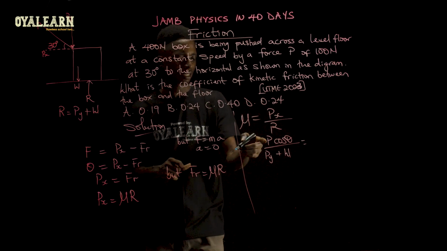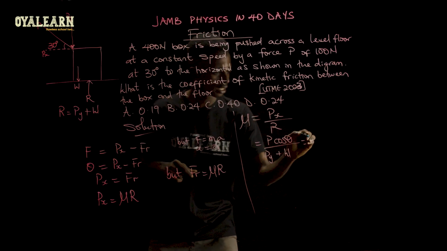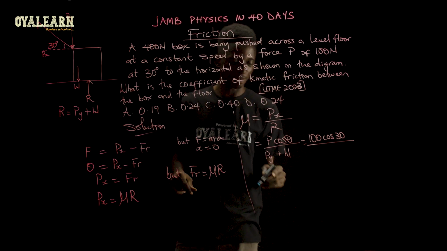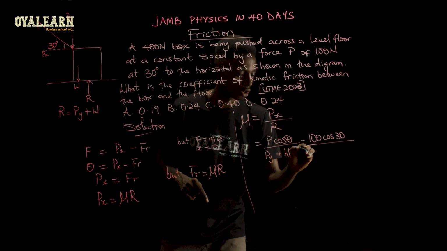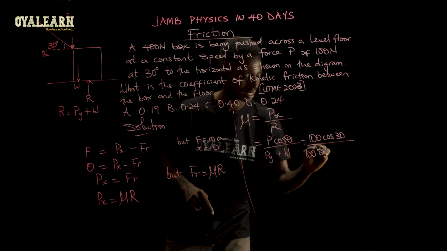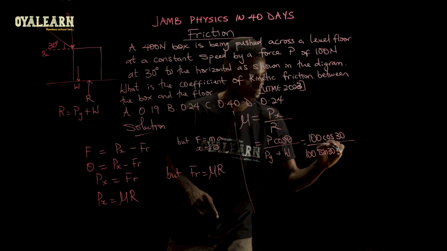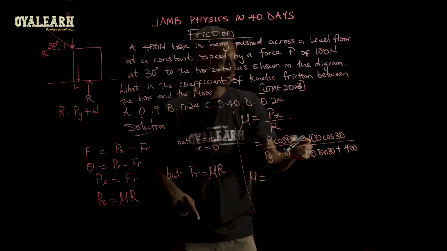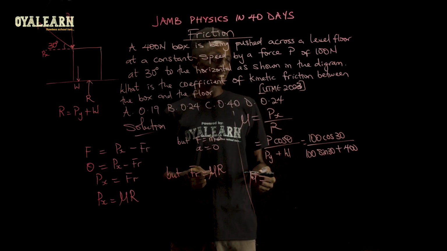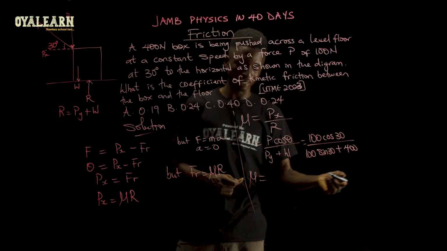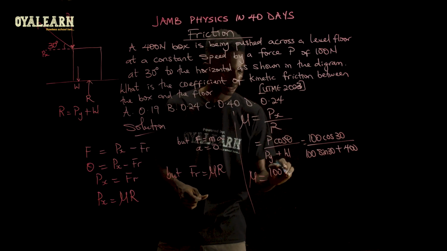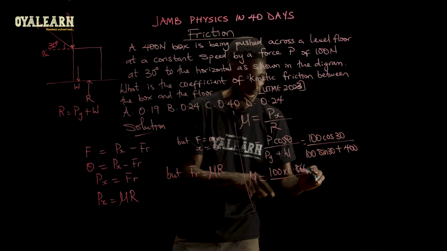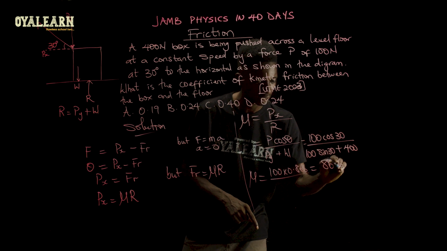Now let's solve this. P is 100, so we have 100 cos 30 divided by P of y. P of y will be 100 sine 30 plus W, which is 400. So now let's continue. 100 times cos 30, which is 0.866, gives us at the numerator 86.6.